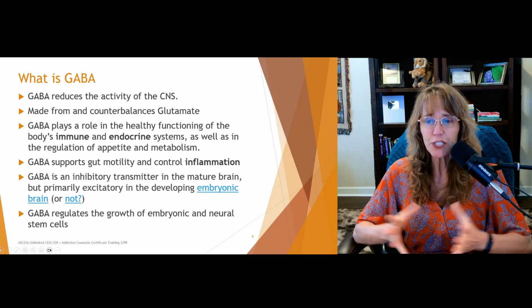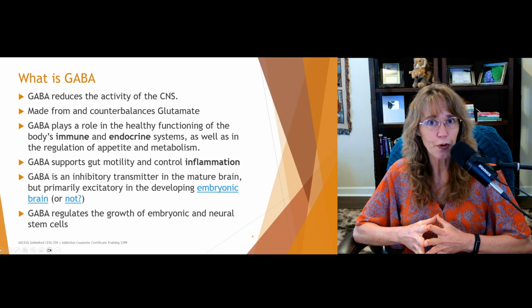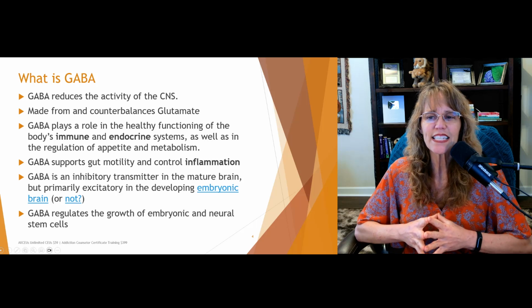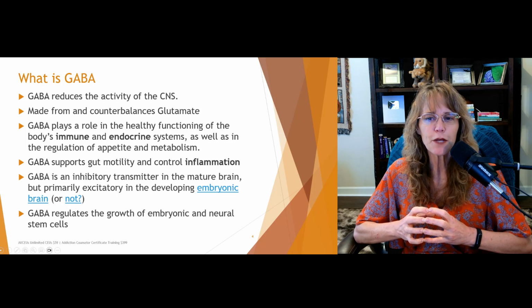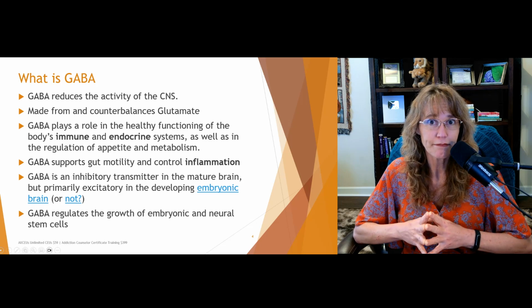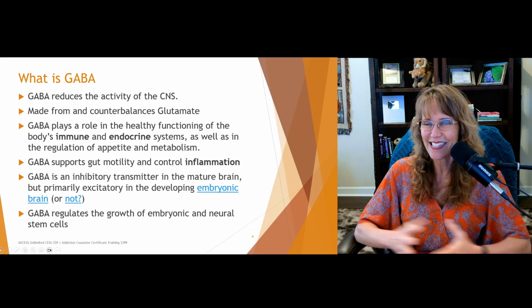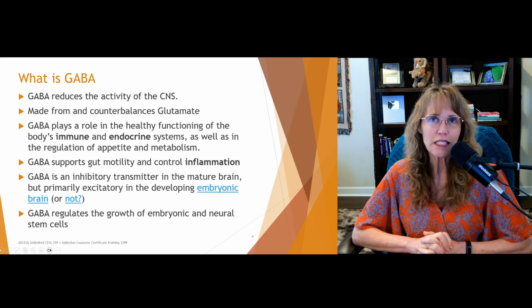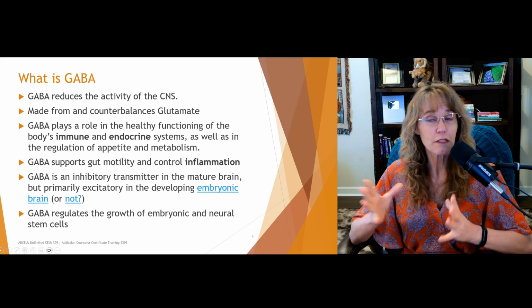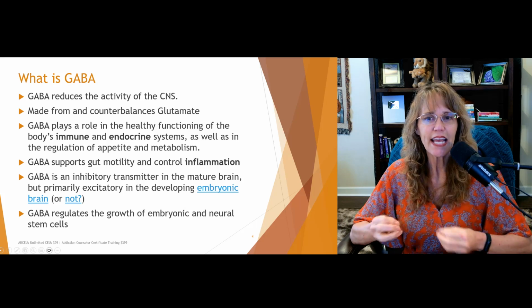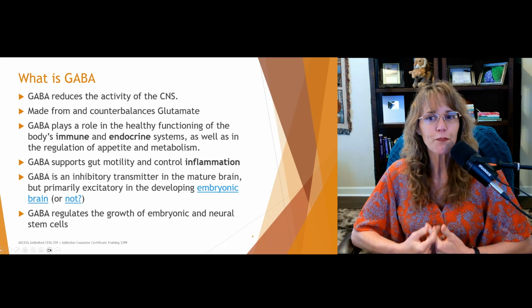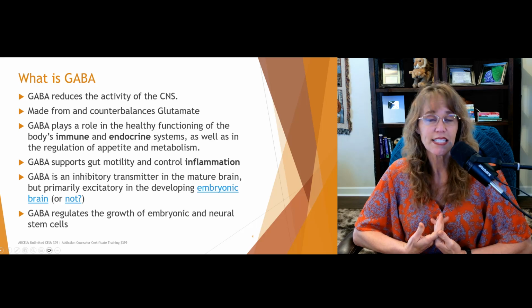GABA is an inhibitory neurotransmitter in the mature brain, but primarily excitatory in the developing embryonic brain, or not. Why did I put that there? Because the initial research up until recently indicated that in the embryonic brain, GABA was excitatory.